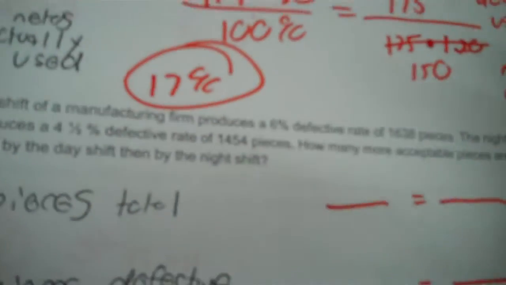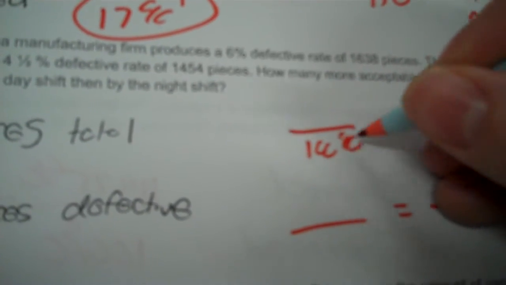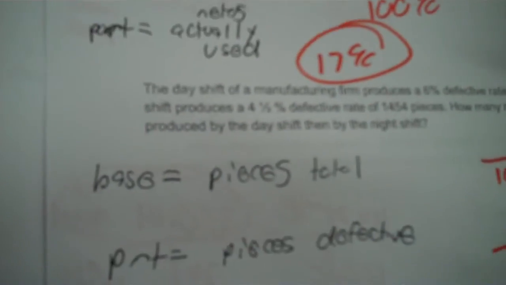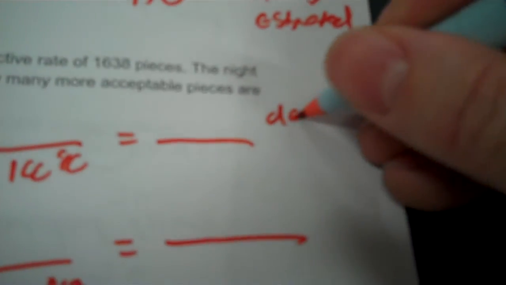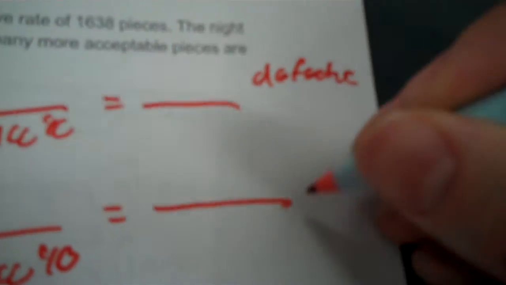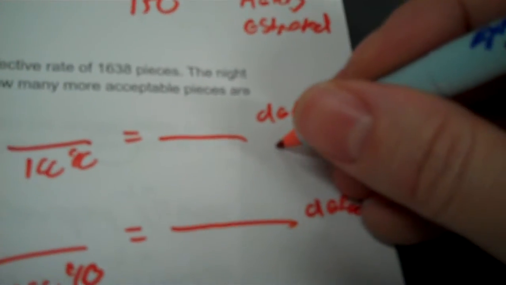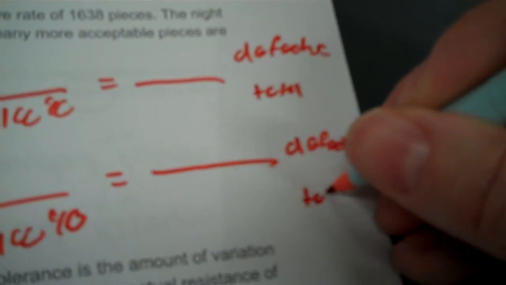Well, you're going to have to set up two separate proportions for the day shift and the night shift, okay? So 100%, 100%. Now the part and the base, okay? The part is the part that was defective, and that's for both of them. The bottom is how many pieces total there are. So total, that's your base.